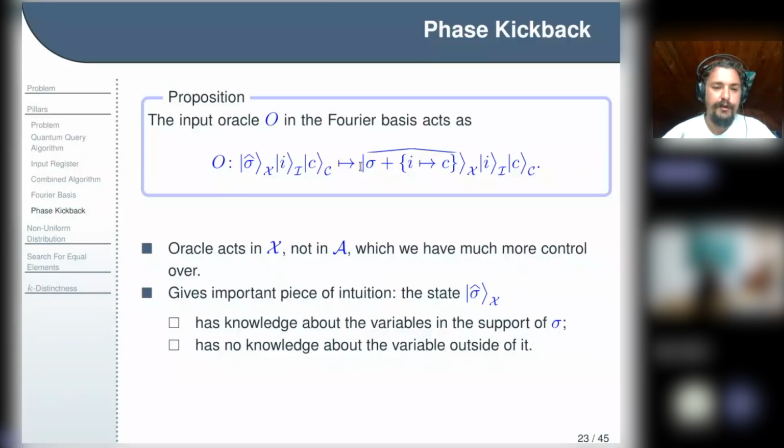This also gives an important piece of intuition, which will be really important in my presentation: the state sigma hat has knowledge in some way about the variables in the support of sigma. The support is the set of indices where sigma i is non-zero. And equally, and more importantly, it has no knowledge whatsoever about the variables outside of it.